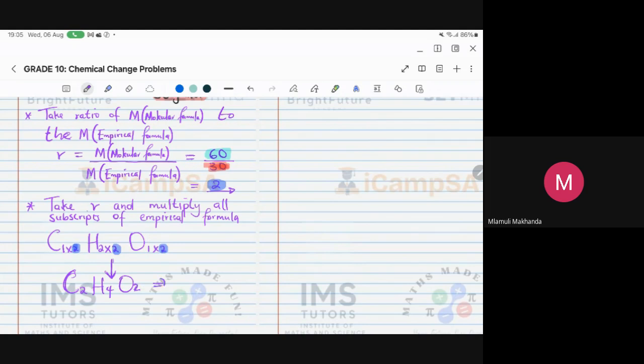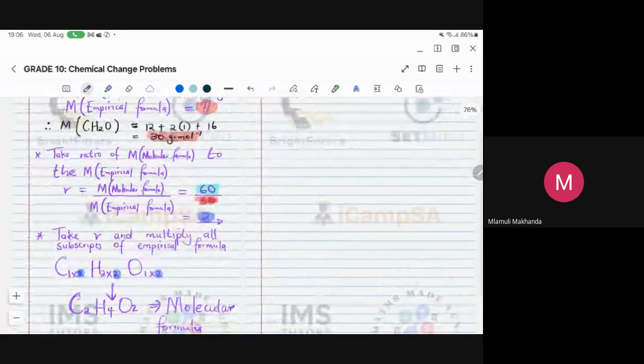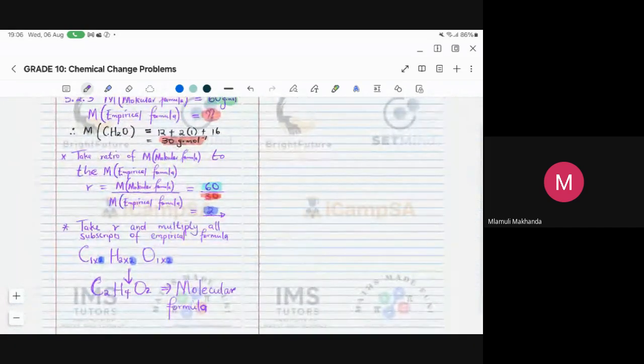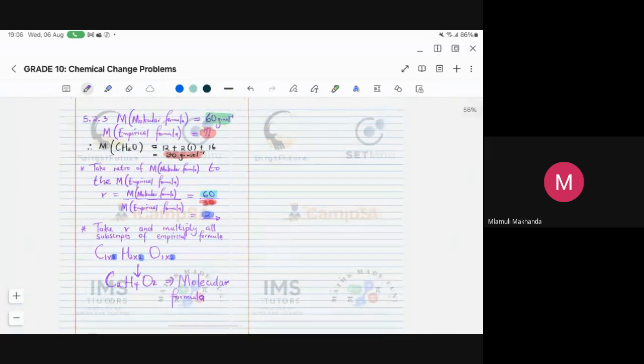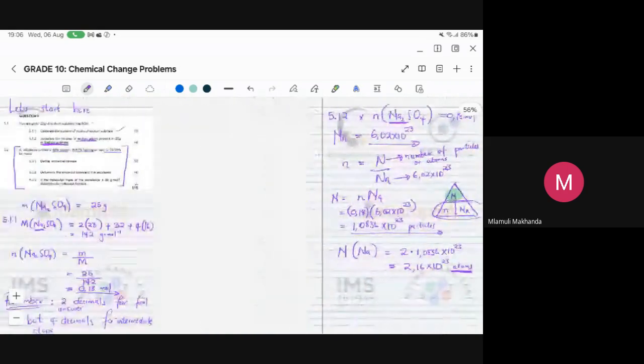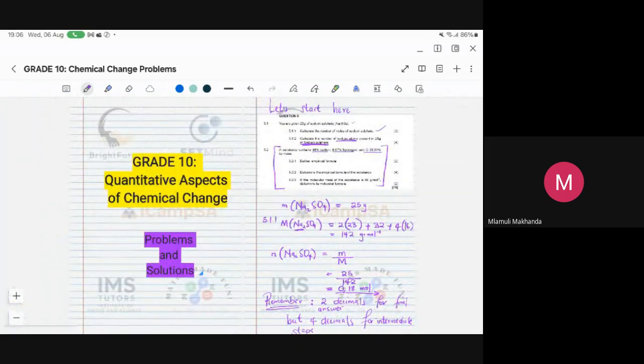So this is now your molecular formula. So if in another question we have to find the molecular formula again, I won't be as detailed in explaining it. But you have now all these steps that you must follow.